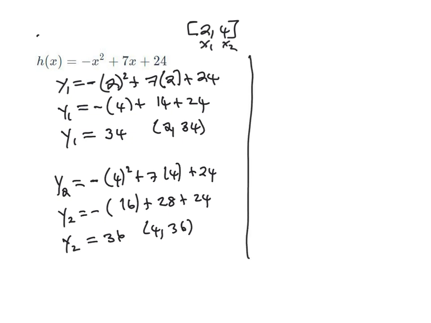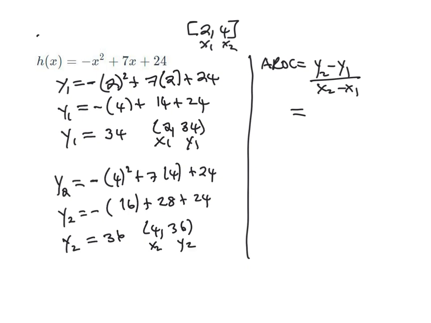And the formula for average rate of change is y2 minus y1 divided by x2 minus x1. We're going to call this x1, y1, and x2, y2.